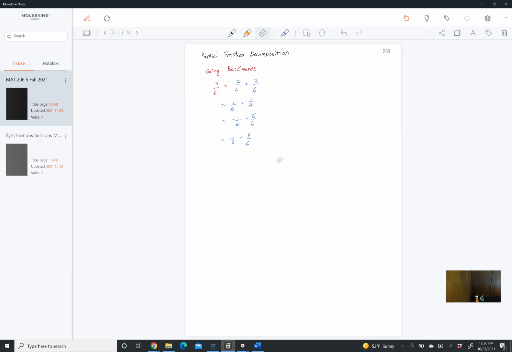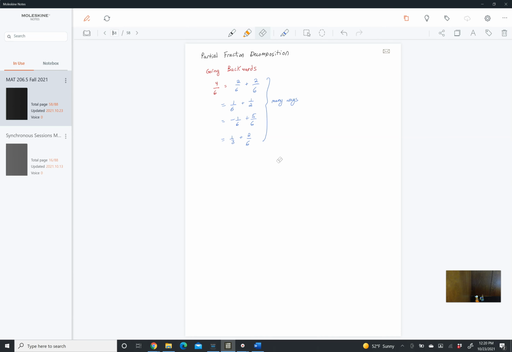Okay, so the problem is that there's so many ways of doing this, right? Just for this 4 over 6, there are many different ways that we could break this down. Let's say that we had the number 10. How can we get to the number 10? There are an infinite number of ways to get to the number 10, especially when you include negative numbers and subtraction. The thing that's really cool is that this is one of the areas where algebra is actually easier than numbers.